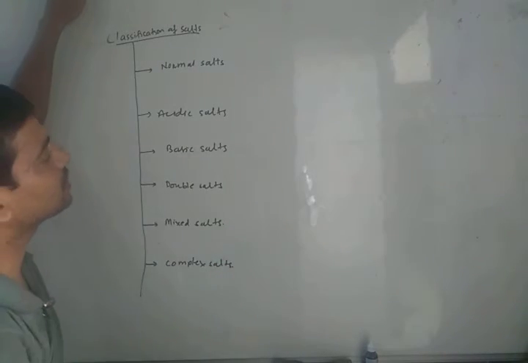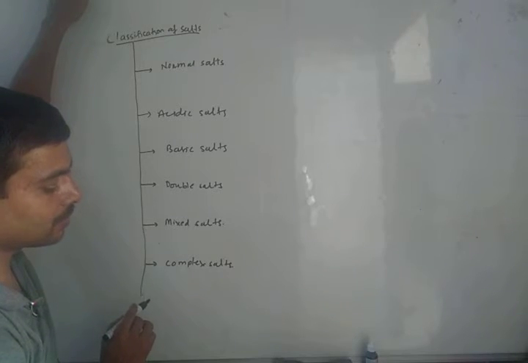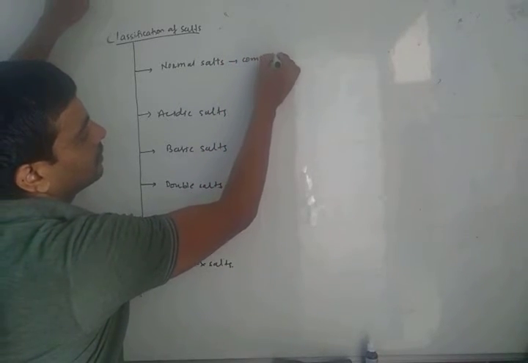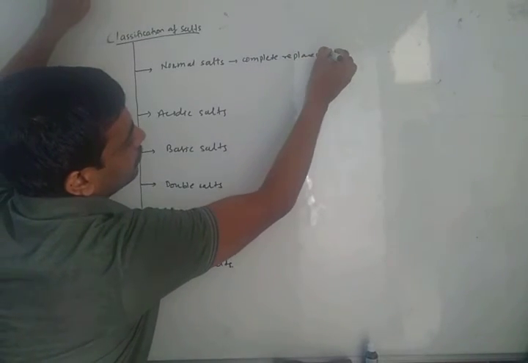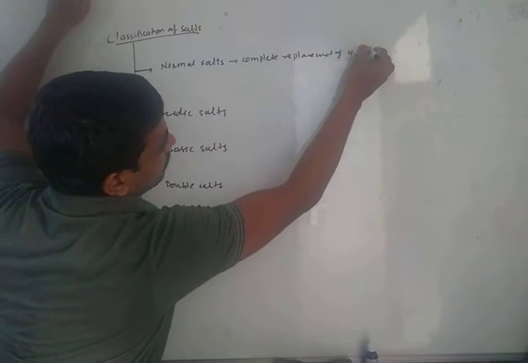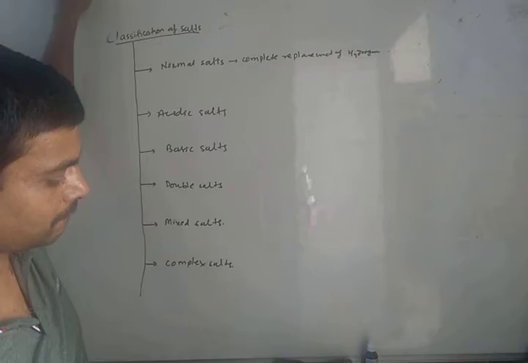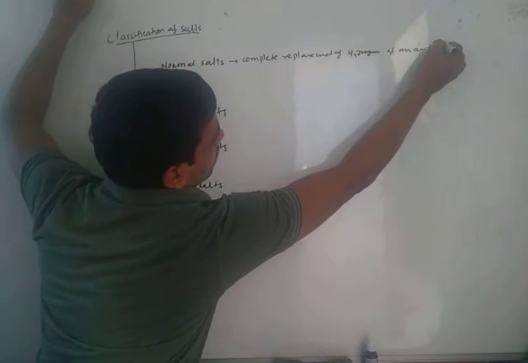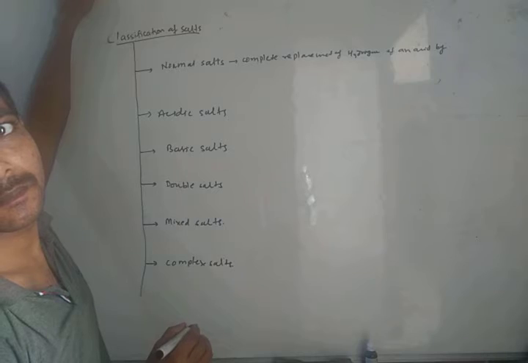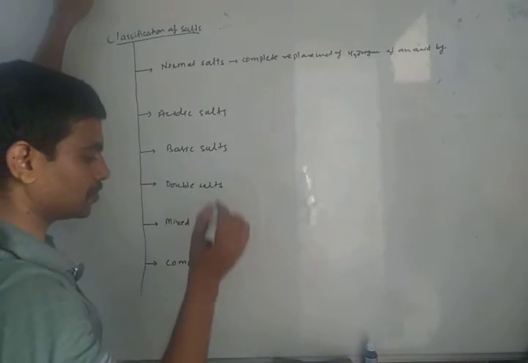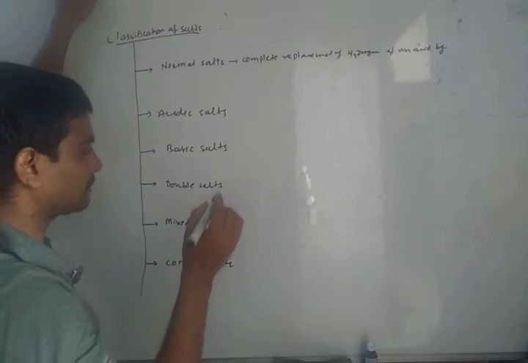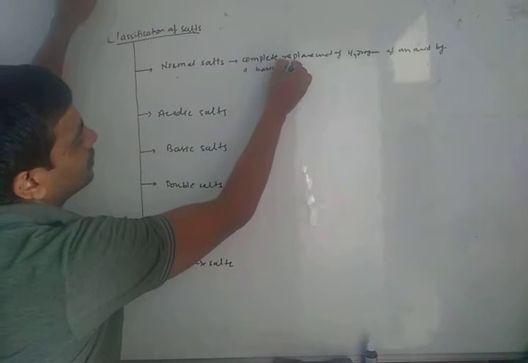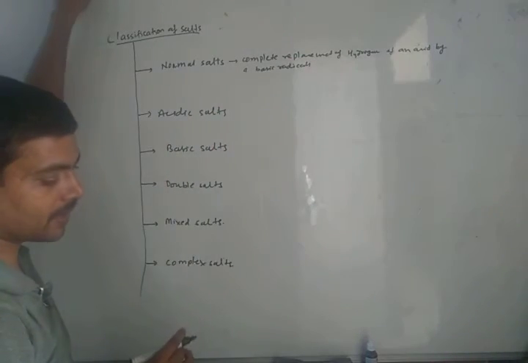Here I will first explain normal salts. A normal salt is formed by complete replacement of hydrogen of an acid by a basic radical.